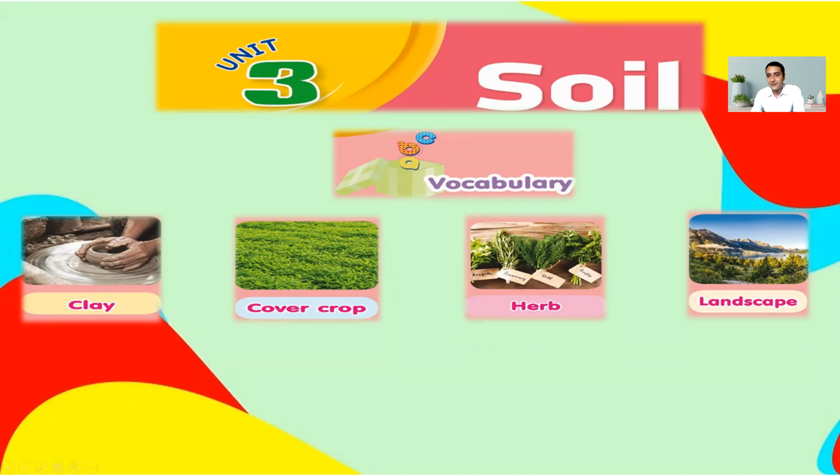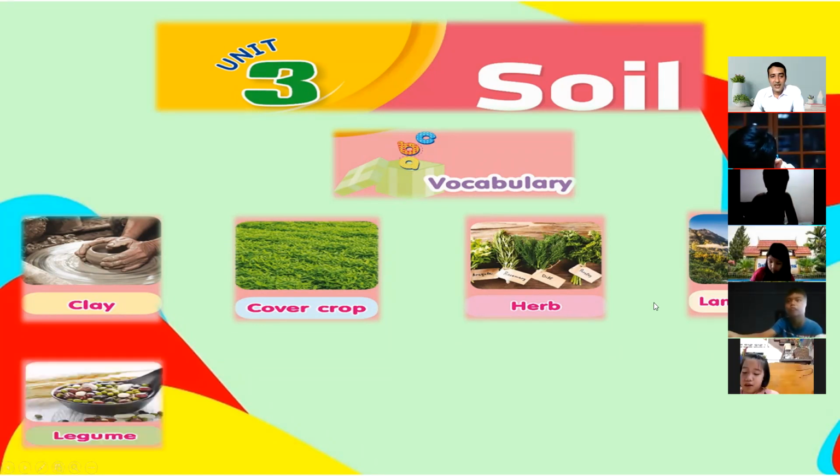Now, another word, legume. Legumes are mostly the family of all beans, like the beans which we use for food. It can be different kinds of beans, yellow beans, red beans, many kinds of beans which are consumed for food. Legume.